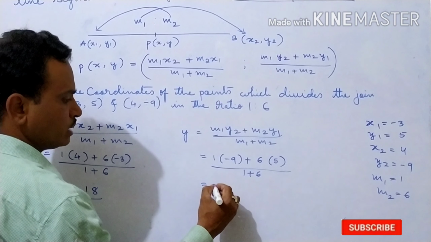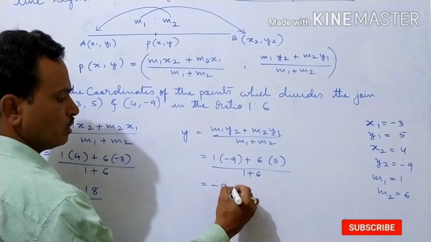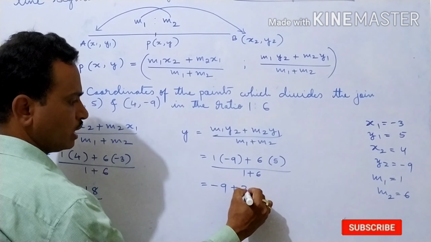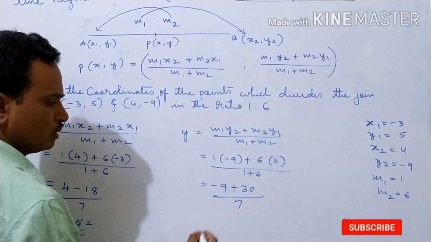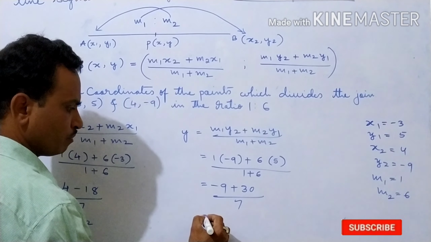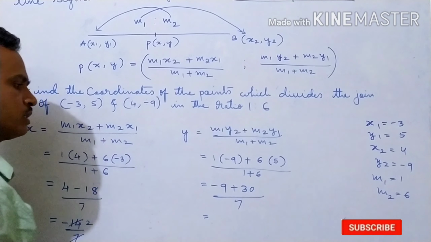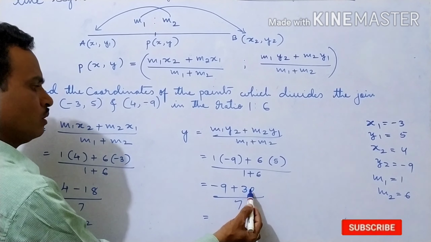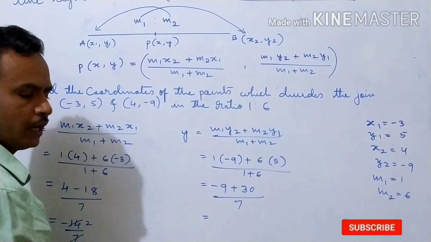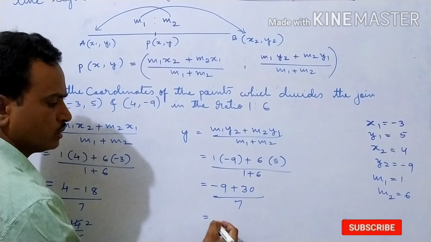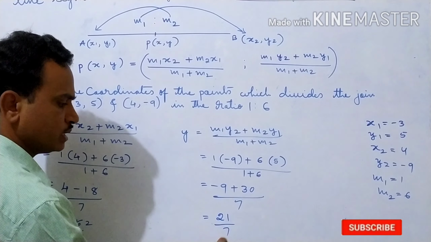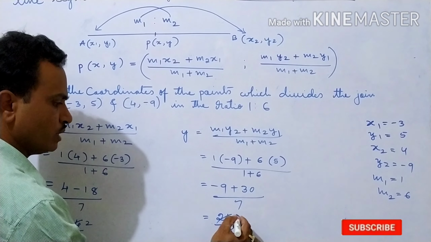Then 1 into minus 9 plus 6 fives are 30, whole divided by 1 plus 6, 7. Okay, then this is equal to, now you have to subtract. 30 minus 9 is 21, the bigger number's sign is plus, so plus 21 divided by 7. 7 ones are 7, 7 threes are 21.